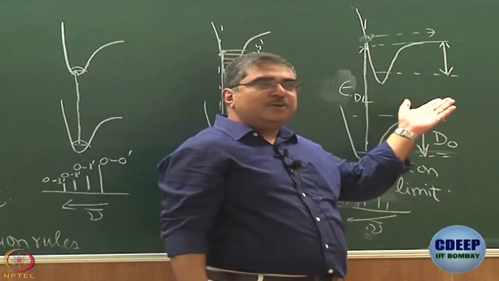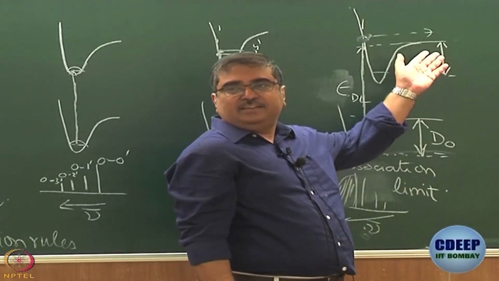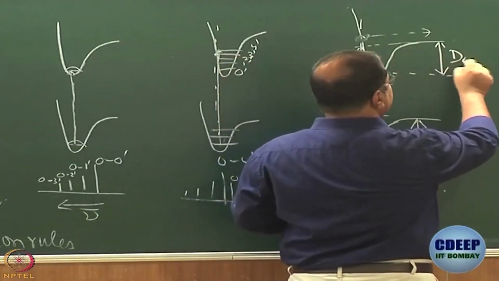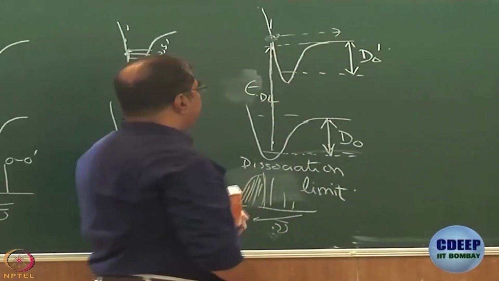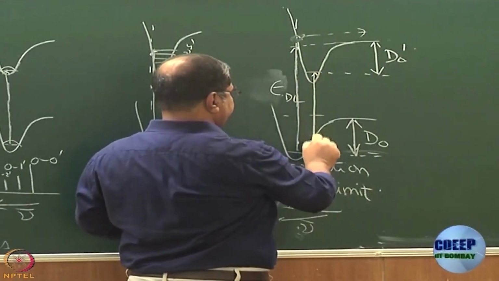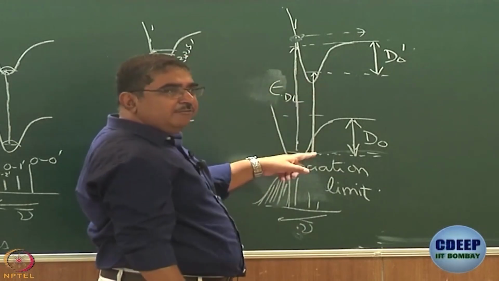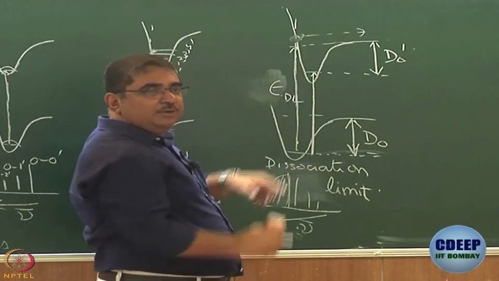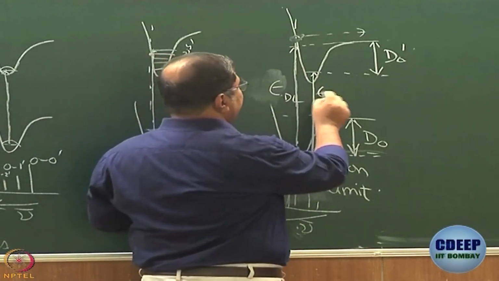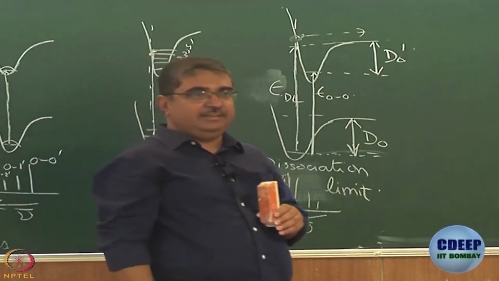That is also d0, but not for the ground electronic state, for the excited electronic state. So, we will write it d0 dash. Okay. One more thing that I want to draw is this. What kind of a transition is this one? V equal to 0 to V dash equal to 0. We will call it epsilon 0 0. This is called the band origin.